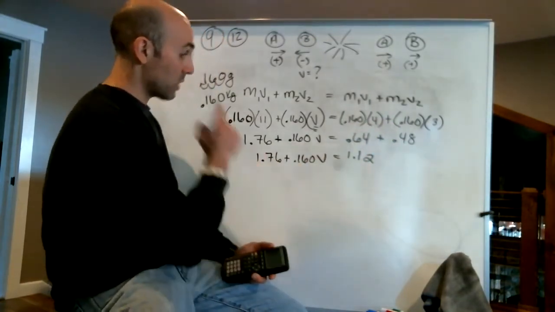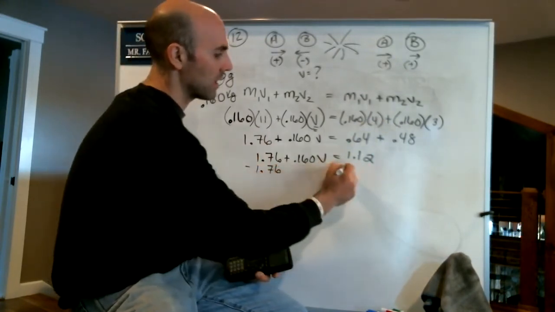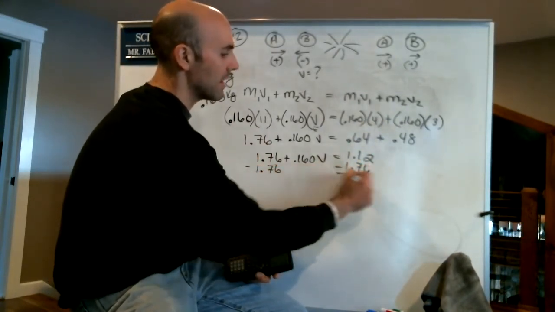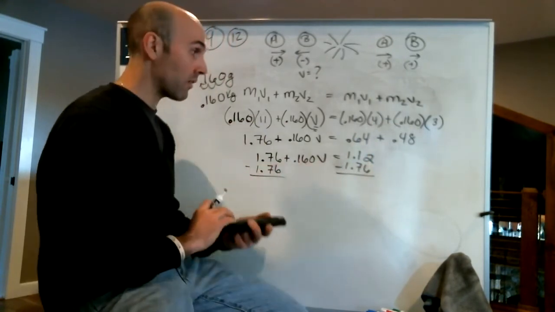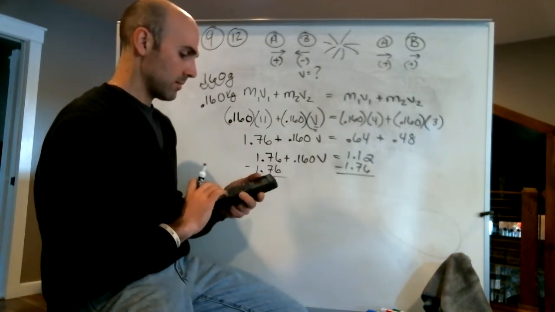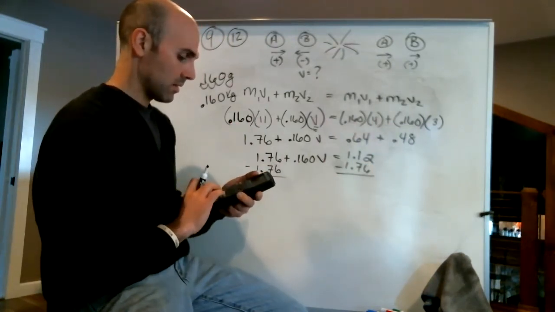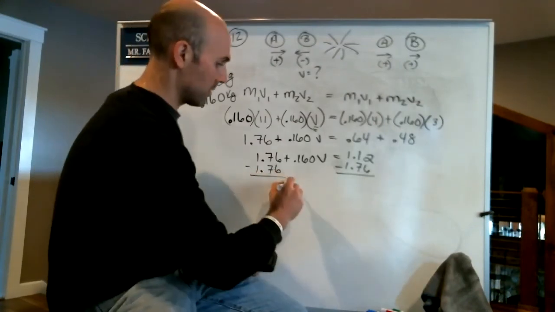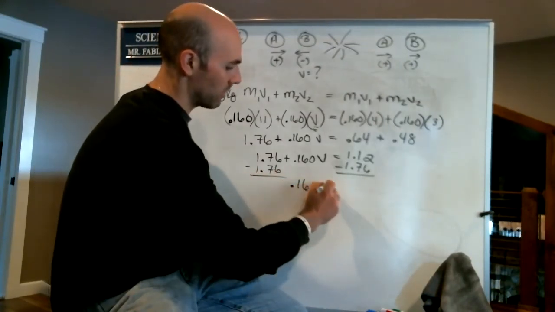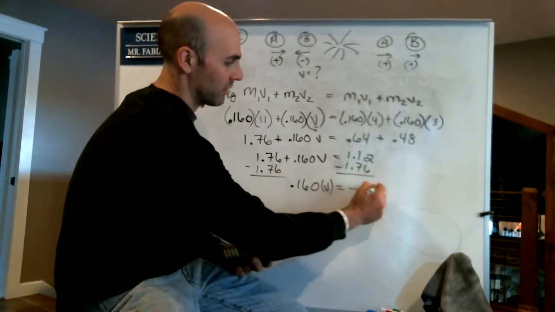Now we can subtract this, and here's where we will get that negative. So everything will work out fine. I promise you that. We get 0.160 v equals negative 0.64.